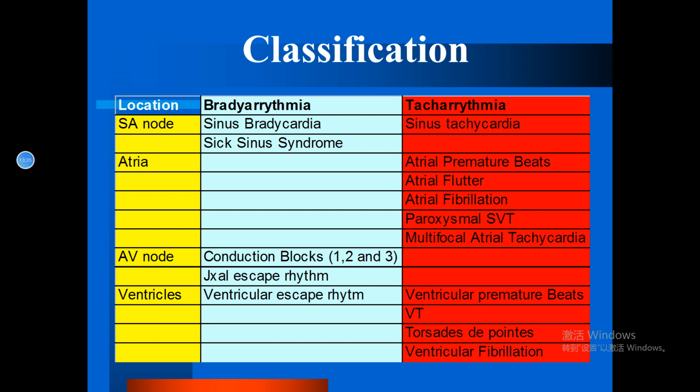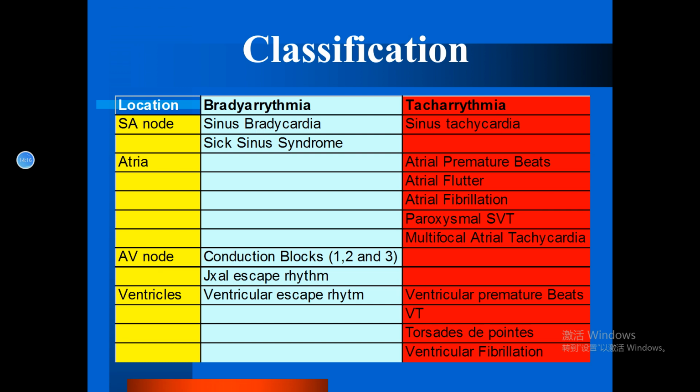Yes. And the second one, atrial. If the tachycardia comes from the atrial, you can call it atrial premature beat, atrial flutter, atrial fibrillation, and even paroxysmal supraventricular tachycardia. Okay. And also, if there is a bradycardia emerging at the AV node, what would happen?